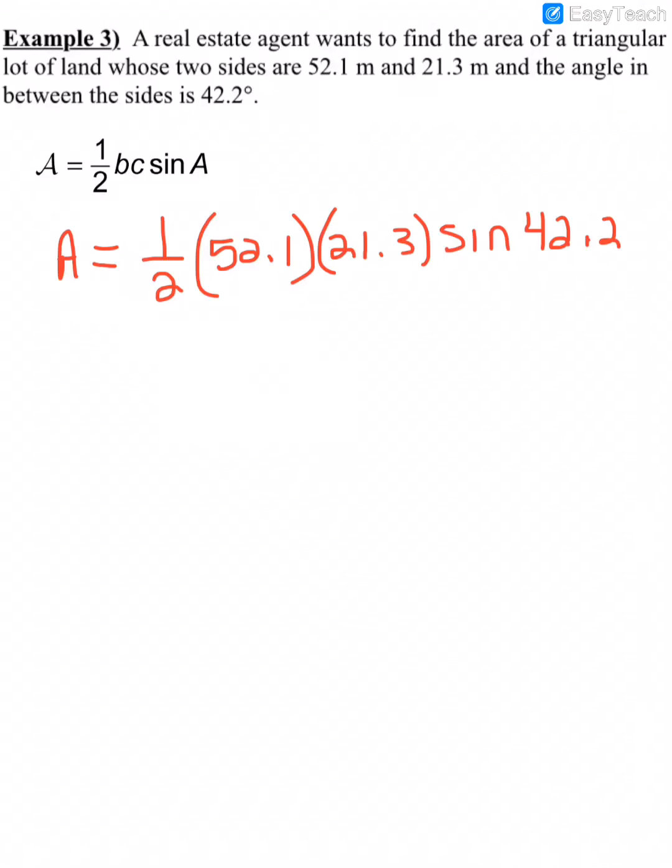Again, make sure that you are in degrees and not radians. And if so, we get that the area is 372.7 meters squared. We're in areas, so the area is always in square units.